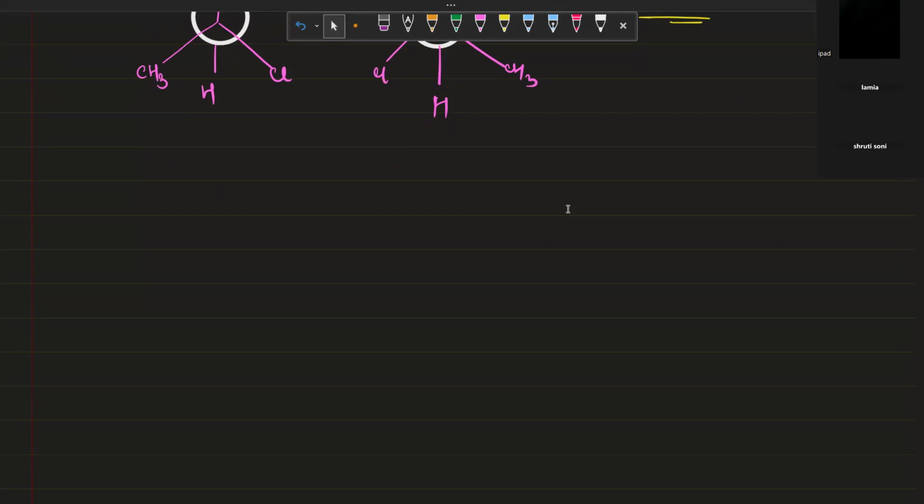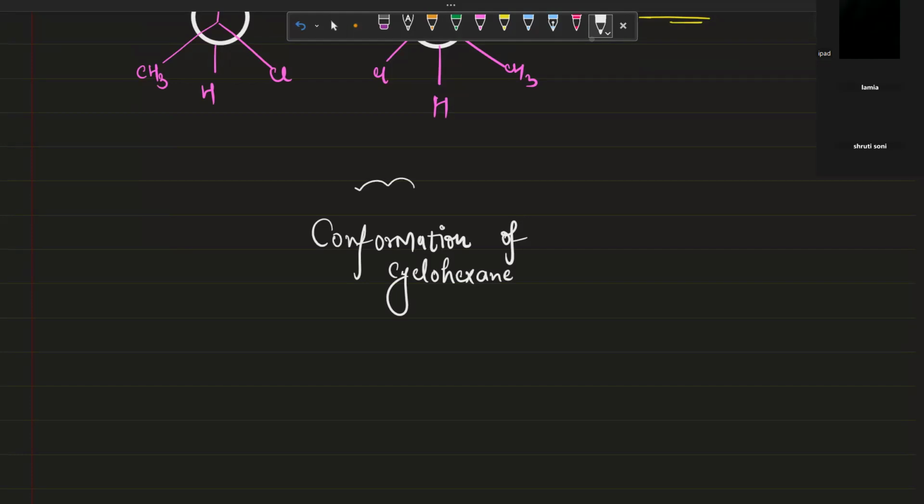Okay. So we will start with the conformations of cyclohexane. What is cyclohexane? The cyclic structure, right? Six membered ring. Yeah.